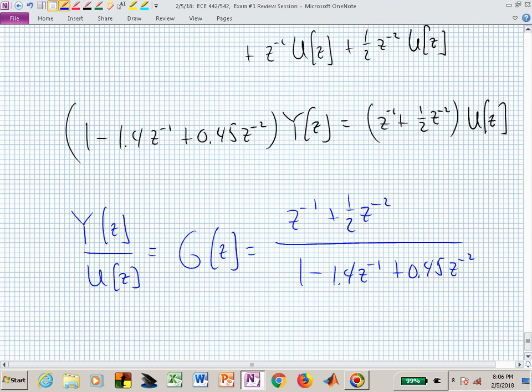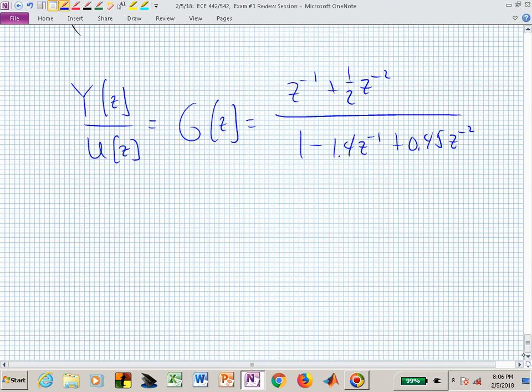And if we wanted to, we could hit top and bottom with z squared if we wanted to see it in terms of positive powers of z. And we now have z plus 1/2 over z squared minus 1.4z plus 0.45. And there's now our transfer function.